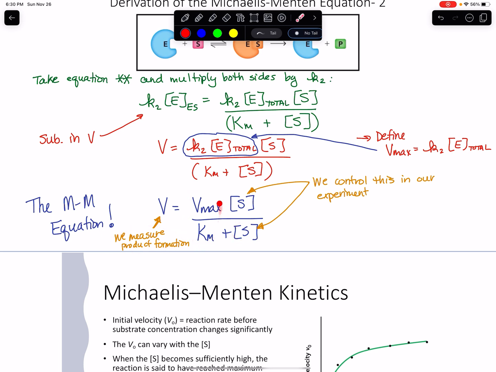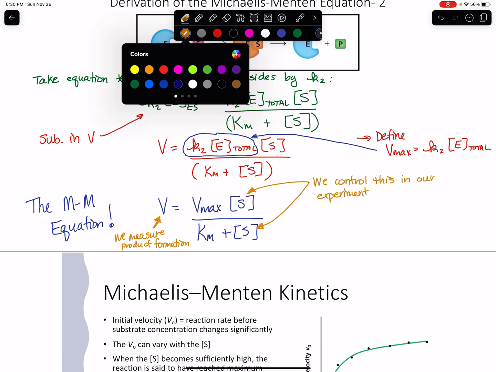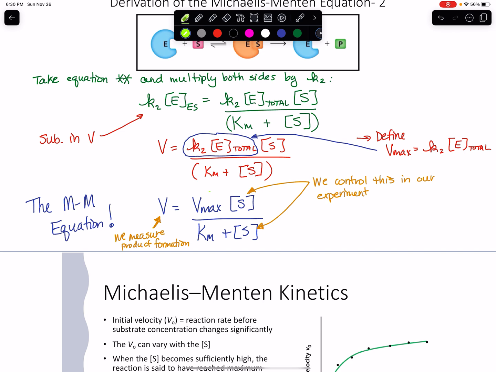And then these two things right here are our fitted parameters. Okay, so we'll talk about curve fitting in a minute. Let's pick a different color for the things that we fit. We'll do bright green. These things right here are going to be derived from fitting the data to this equation.